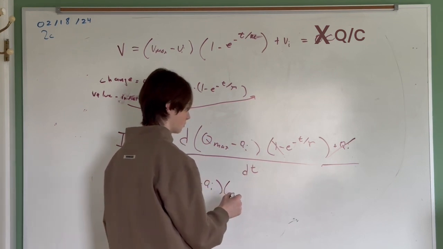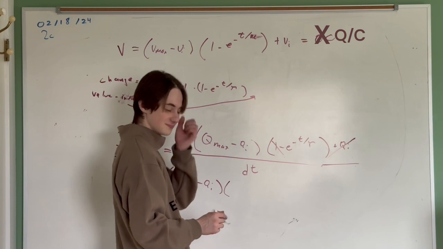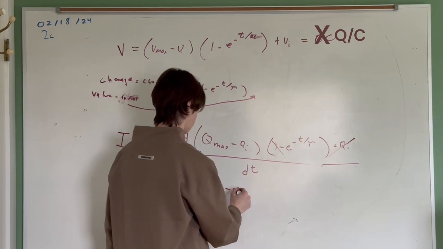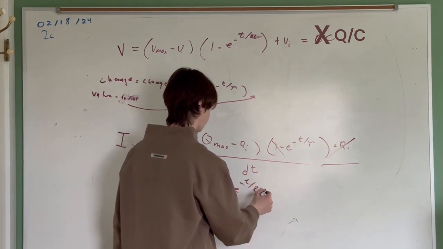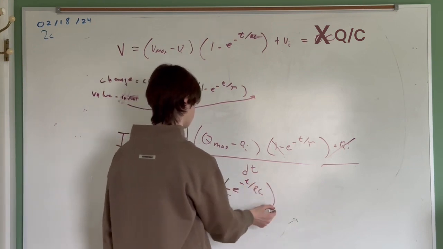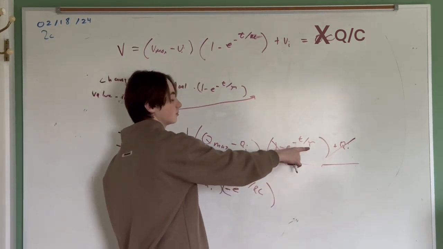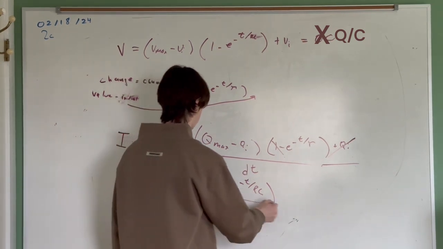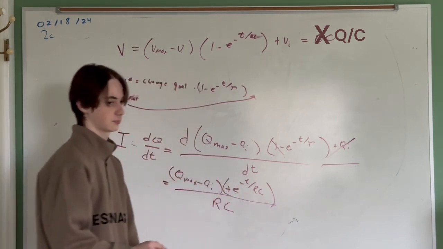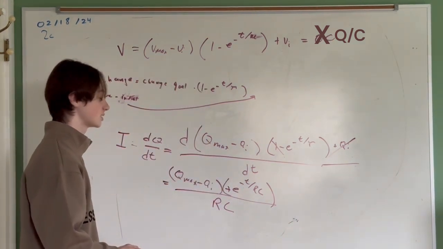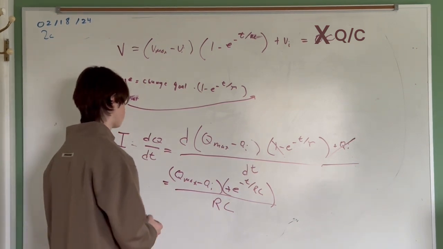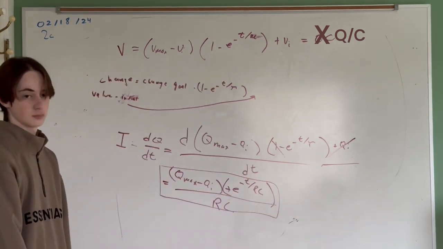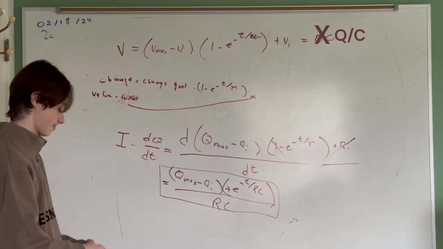So we have this, and then the derivative: chain rule for e's, we have negative 1 over RC. So just make this positive, divided by RC. Great. That's it? Yeah, that's it. But isn't it negative? Oh no, the chain rule. Okay, I'm stupid.